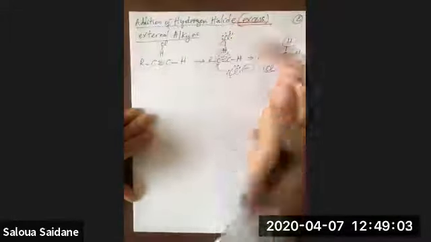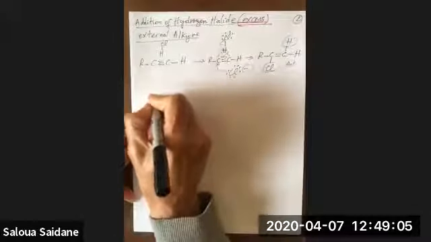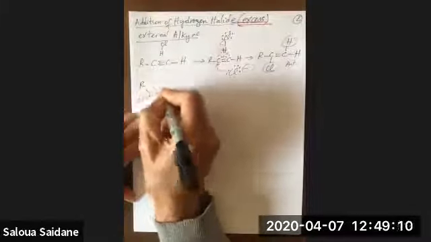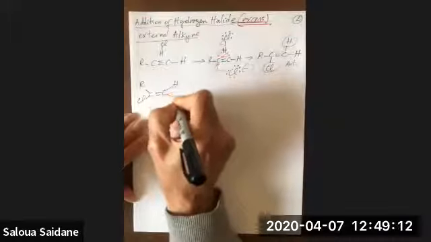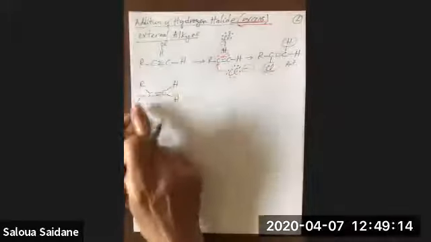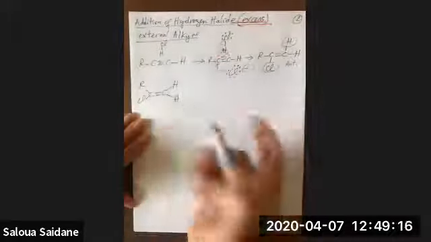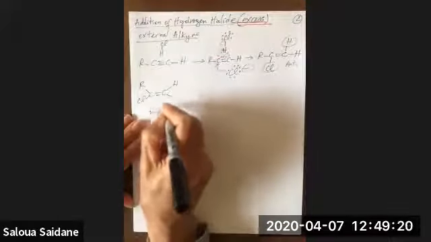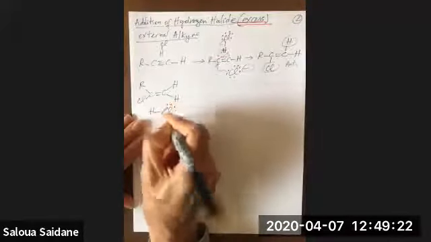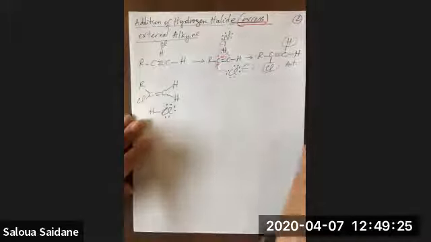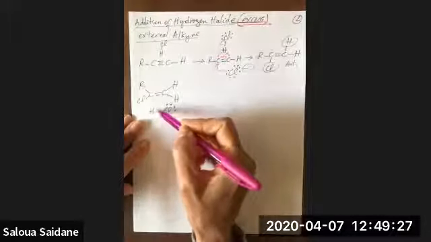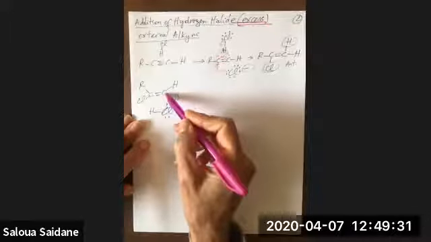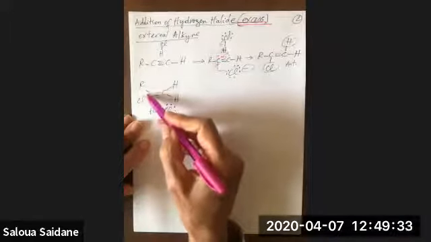Now, if it's excess, it means we're going to go again. So we're going to take this substance. So now it's an alkene. C, H, H. So it's like adding HX on an alkene. So we're going to do HCl. Now this is what we learned from the previous chapter. Where is the H going to add, to the right or to the left? If we add it to the right, this will be the carbocation.